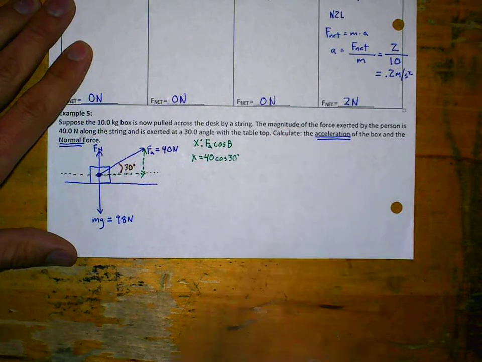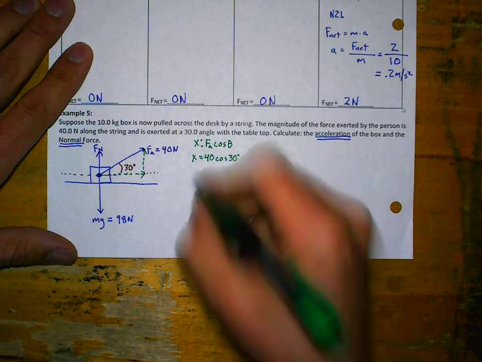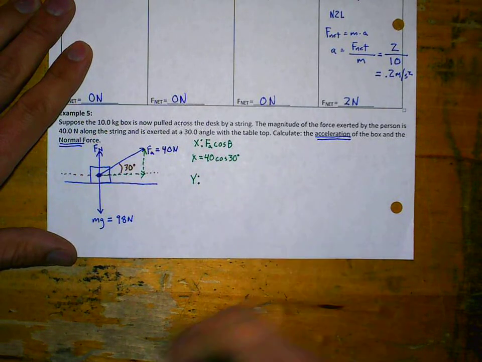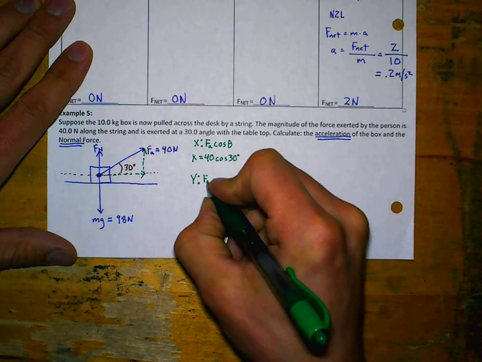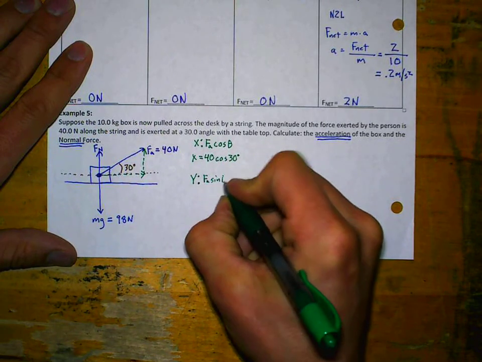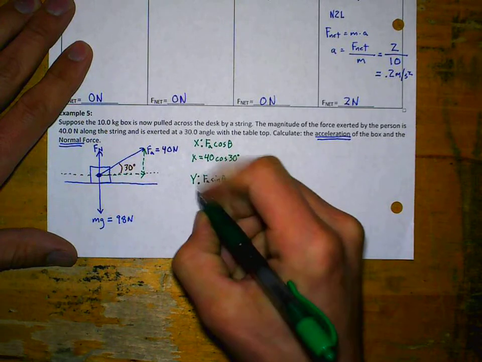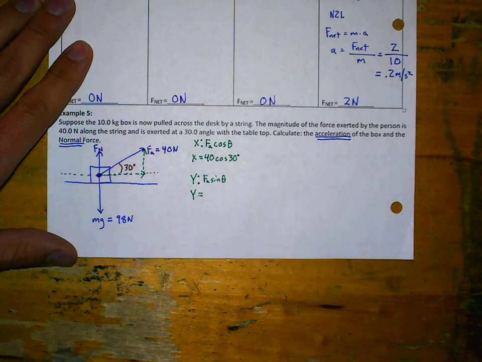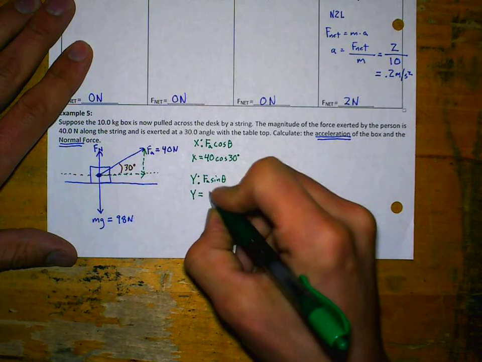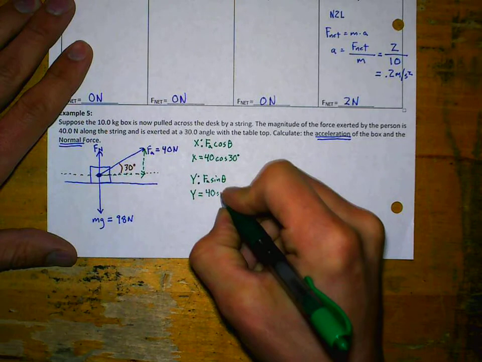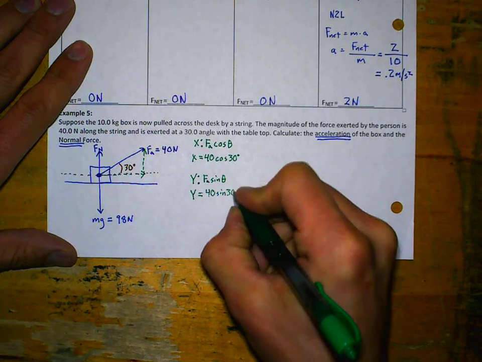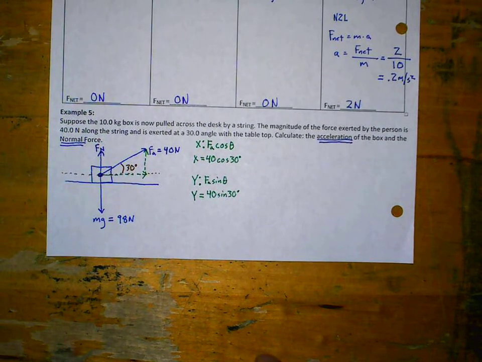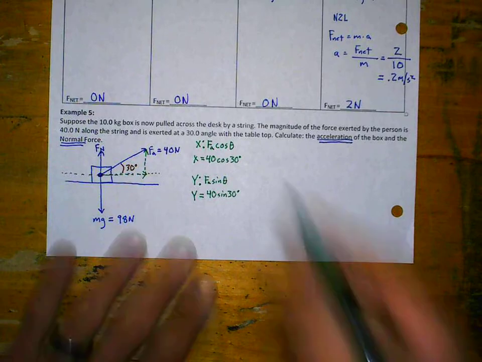We'll punch that in just a second. And then for y, we are going to do FA sine theta. Okay, and so we have our two components.